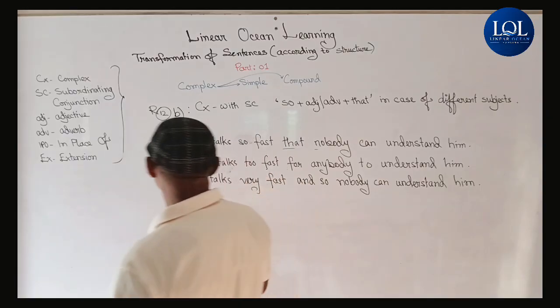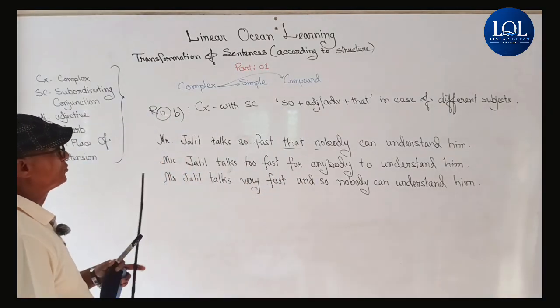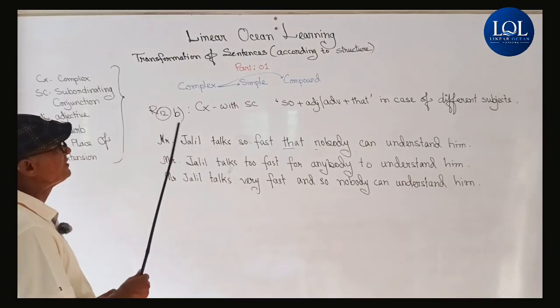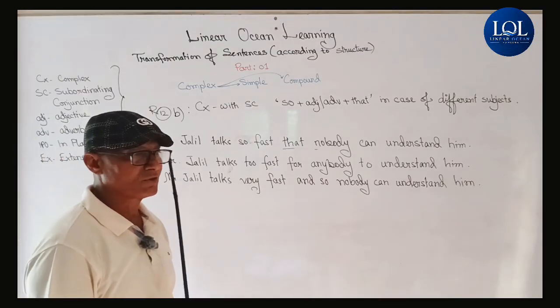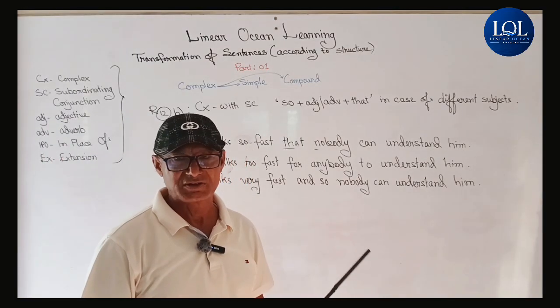This one is slightly different from the previous one because here we have got two personified subjects, but in the previous instance we got one personified and another inanimate, that is impersonified, subject.